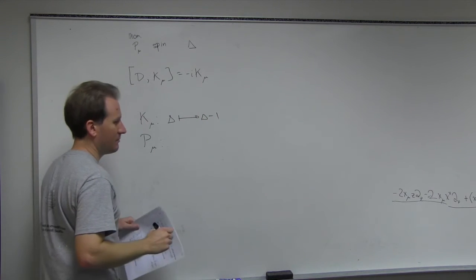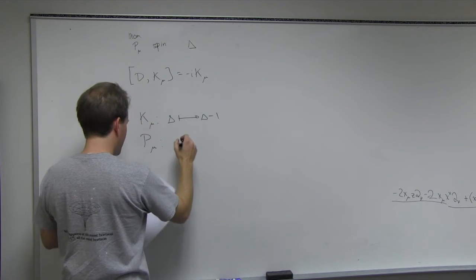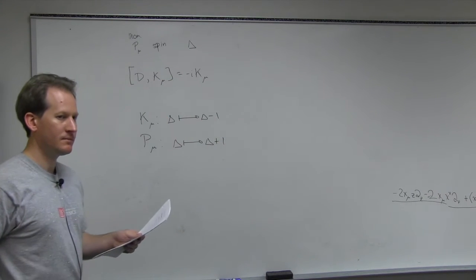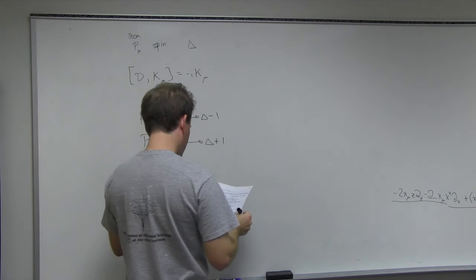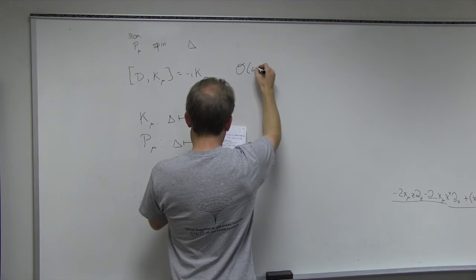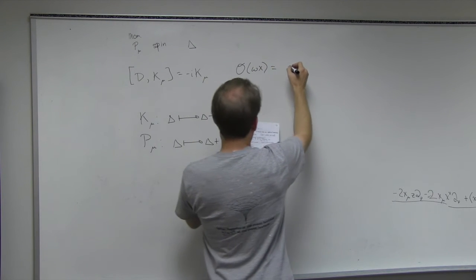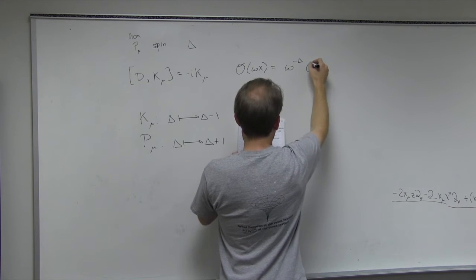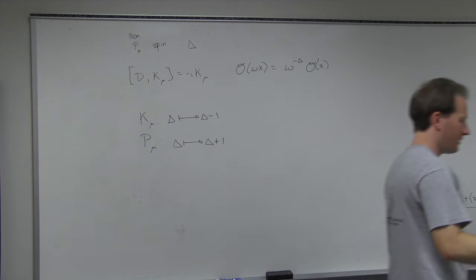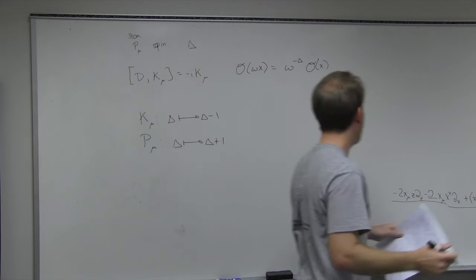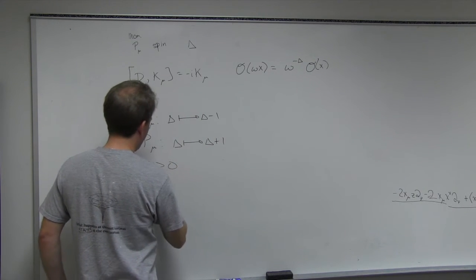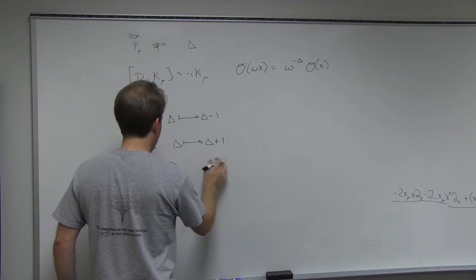And the momentum generator, or the derivative operator, acts as a raising operator for the conformal dimension. So if I have some field with conformal dimension delta, that is to say, it transforms like this under a scale transformation, unitarity will demand that delta has to be positive, and that delta equals 0 should only be the identity operator.